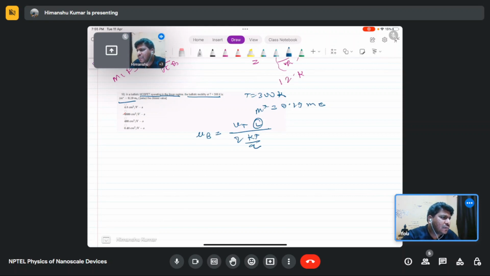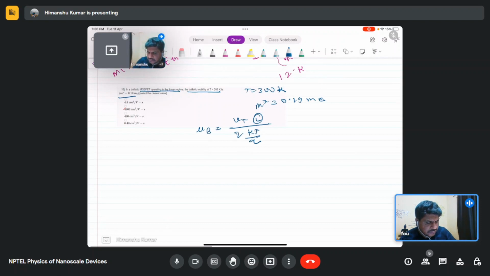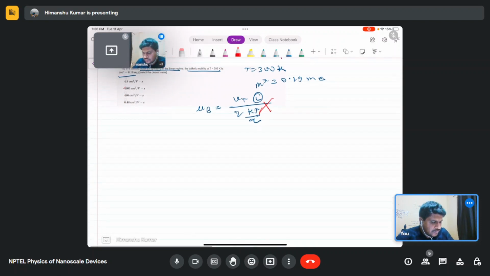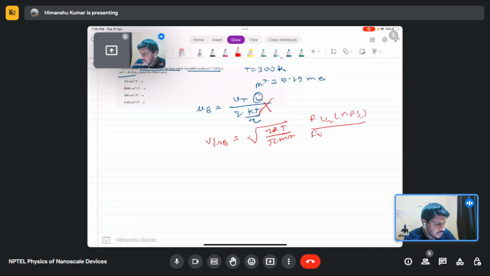So basically, in the linear region, no, this is not correct. The injection velocity V injection ballistic is equal to 2 kt by pi m star and f of half nfs and f of 0 nfs.